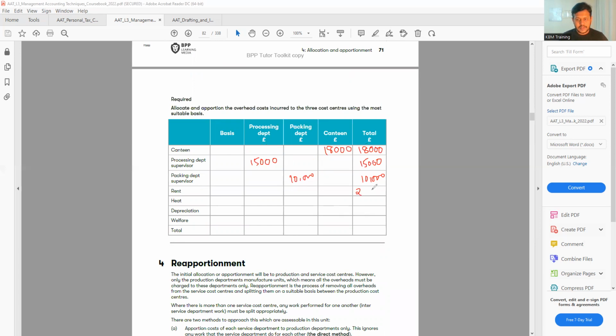We do 20,000 divided by 80,000 square meters total, and the first one is our processing department, which was 50. So if you multiply by 50,000, how much is it? 20 divided by 80 times 50 gives you 12,500. So 12,500 for the processing.